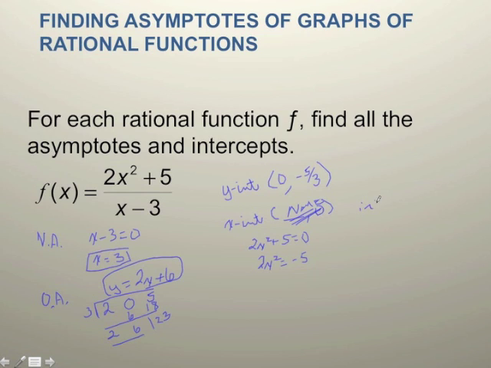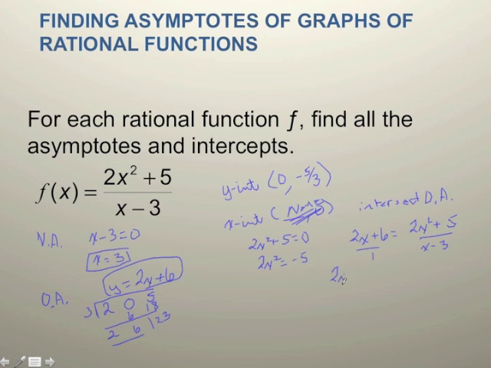Does it intersect the oblique asymptote? Let's find out. So we set the oblique asymptote, 2x plus 6, equal to the function, (2x squared plus 5) over (x minus 3). I can put a 1 underneath and cross multiply.